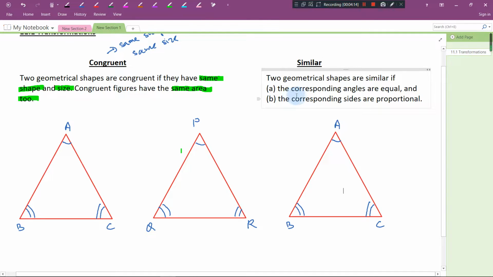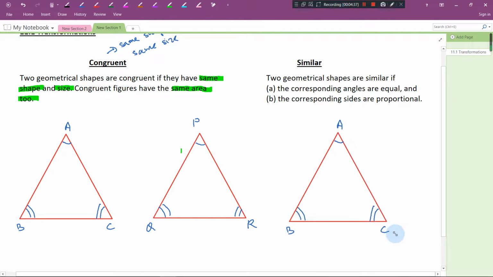Okay, just now I told you that similar shapes do not necessarily have to be congruent. Sometimes it's similar but not congruent. For example, this and this are the same, right?